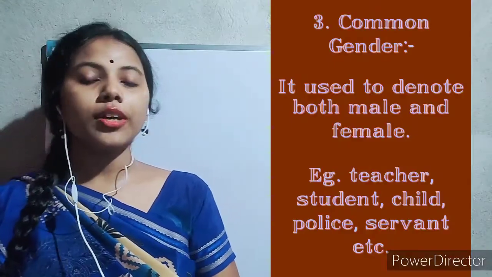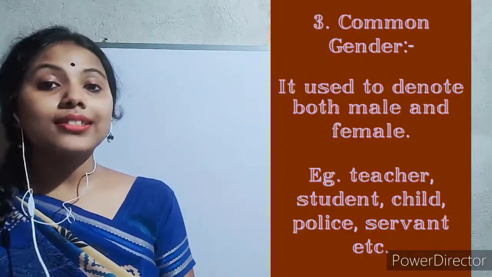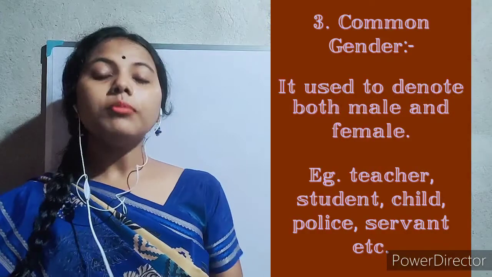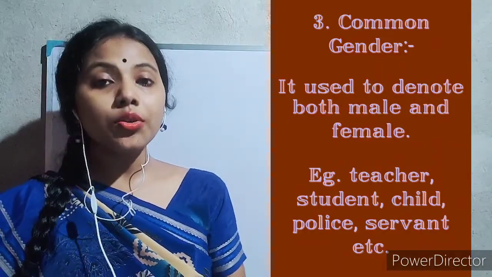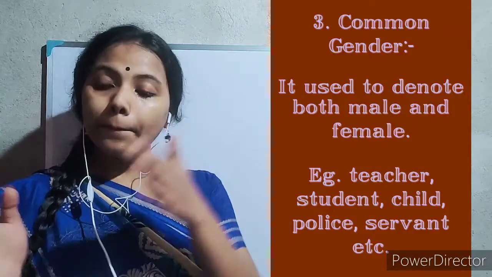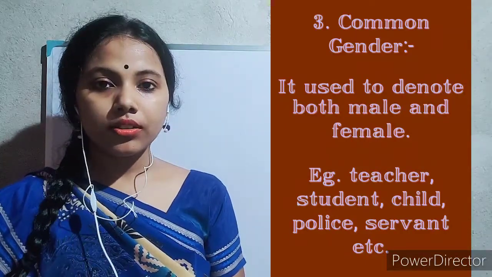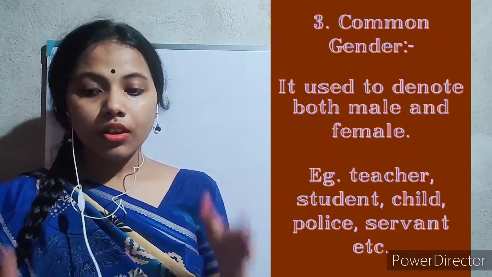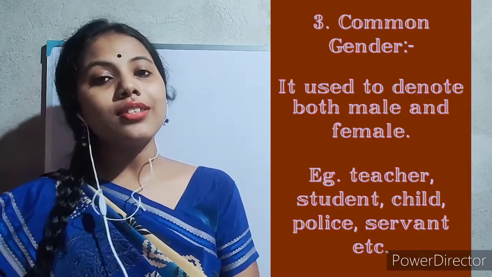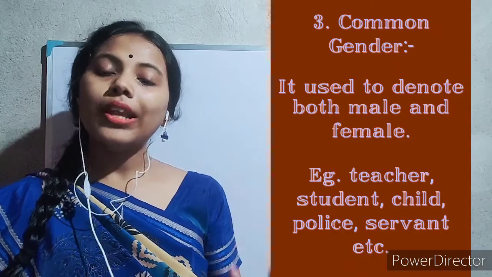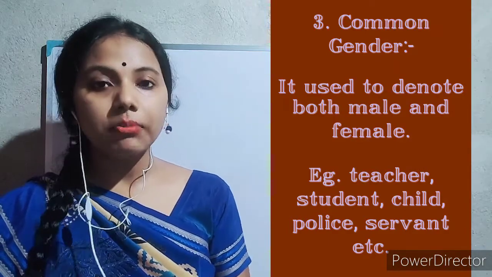Now we are going to talk about the next one, that is common gender. Common gender is a kind of gender which is used to identify both male or female. Means, by using these kind of words, you can suggest a male as well as you can suggest a female.